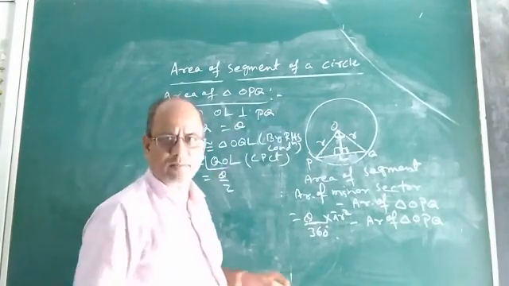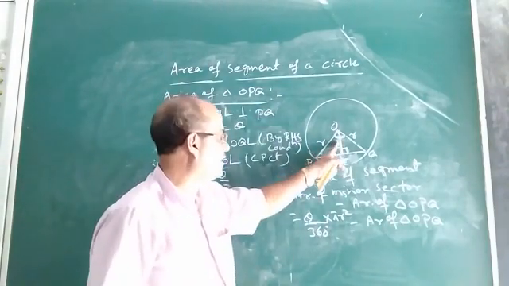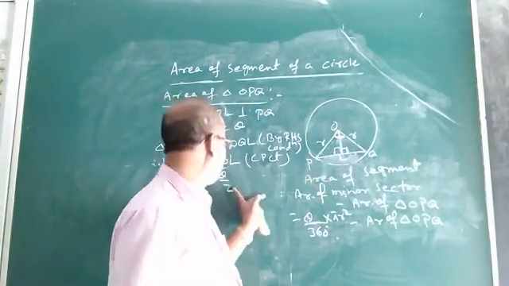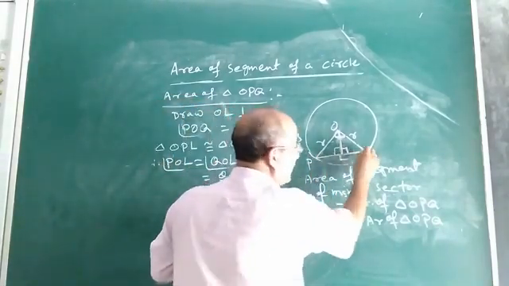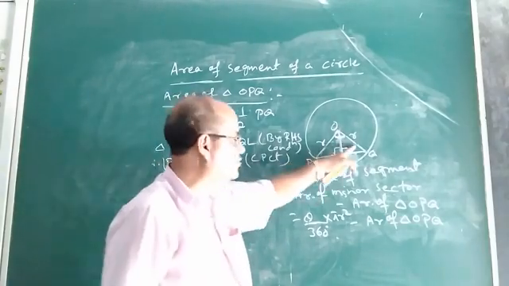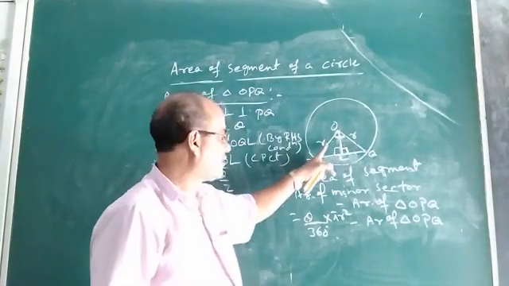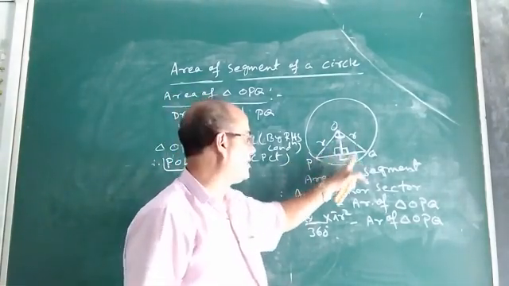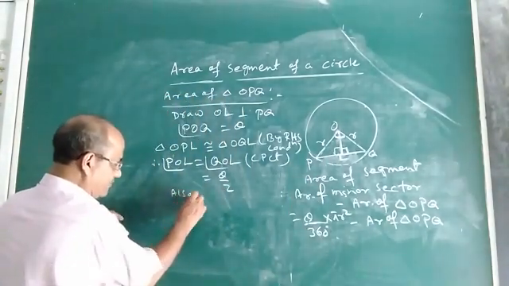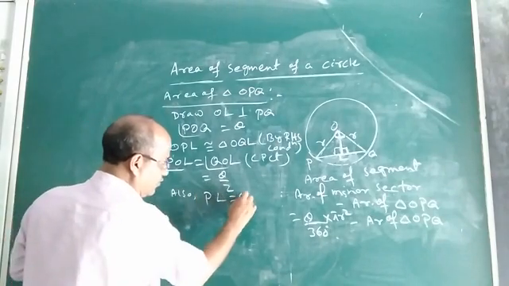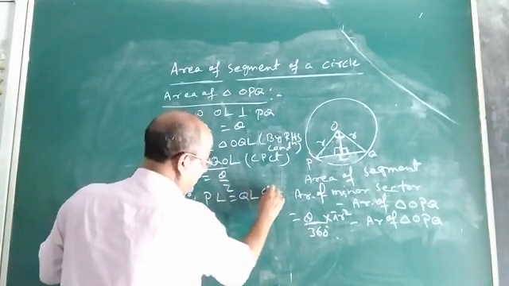Whatever the value of theta may be, each of angles POL and QOL will be theta by 2. Also PL and QL will be equal because these two triangles are congruent, by simplicity.